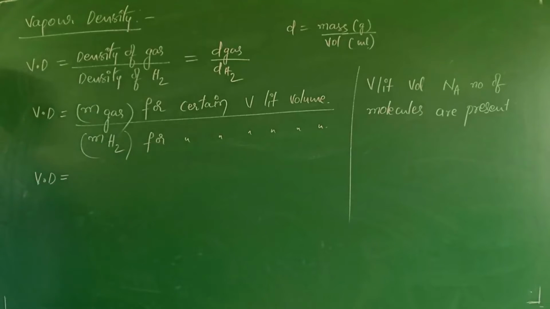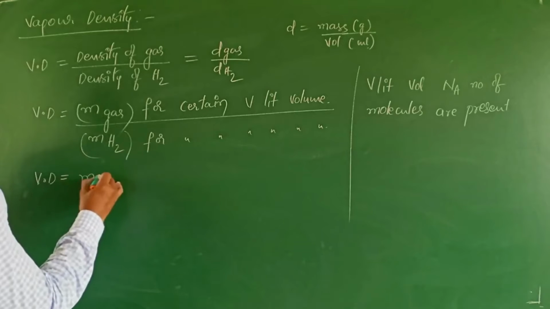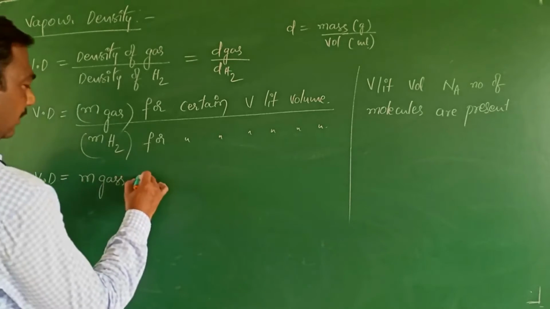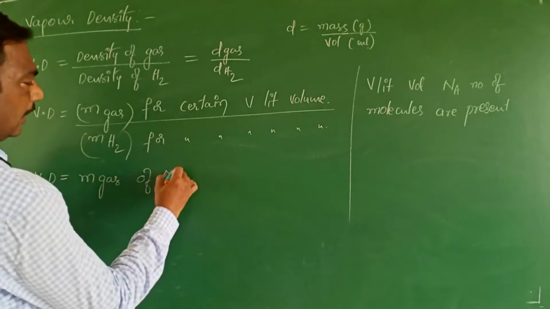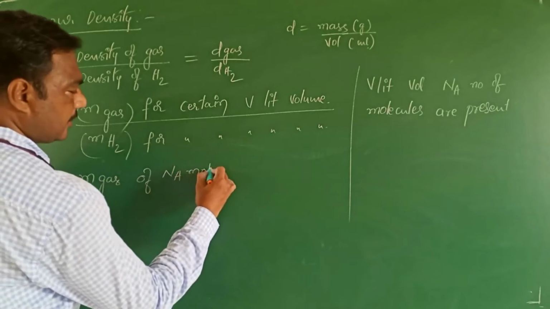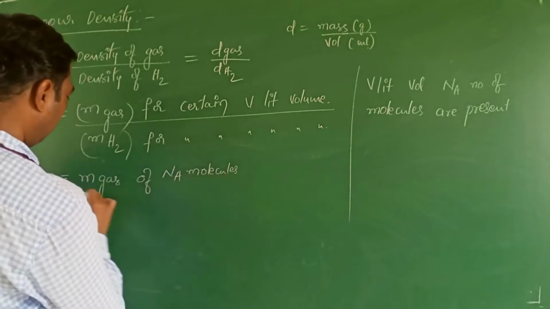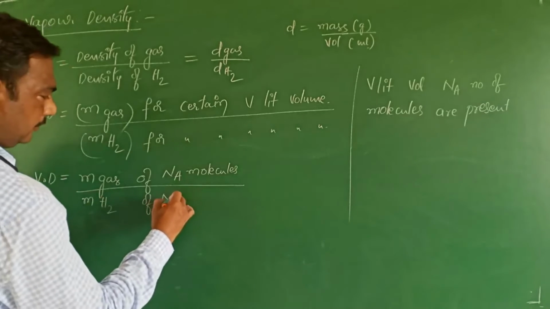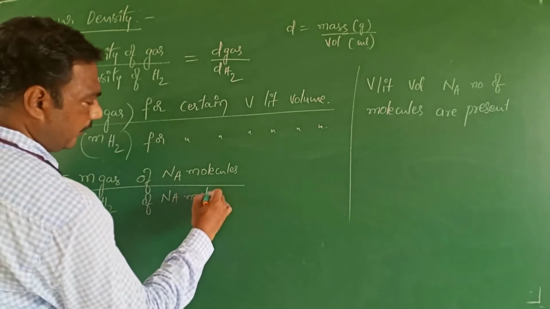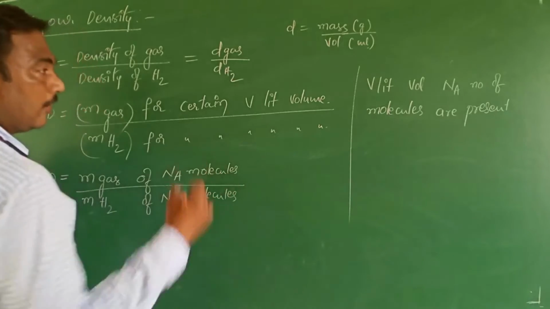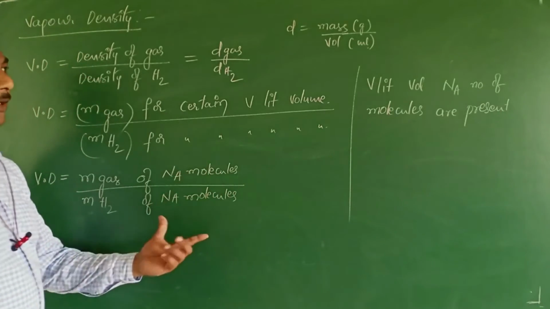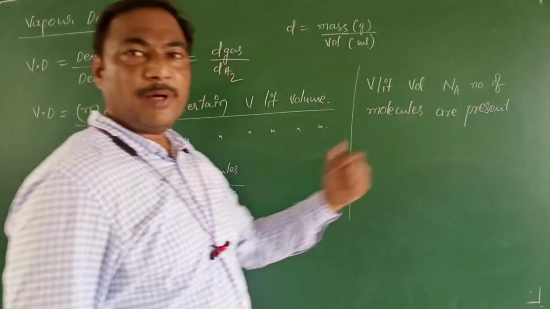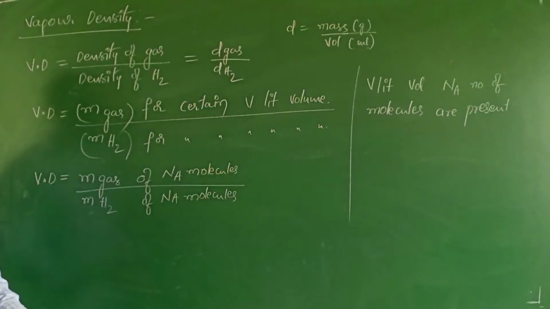Vapor density is equal to the mass of gas of Avogadro number of molecules by the mass of hydrogen of Avogadro number of molecules. Why am I writing Avogadro number here? Because we assumed that in this V liter volume, Avogadro number of molecules are present.